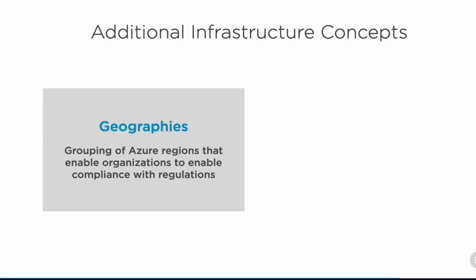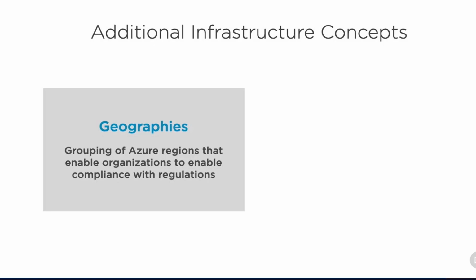Now, there are two additional infrastructure concepts that I want to make you familiar with. However, you won't need to know these in depth for this course. First we have geographies, and these are groupings of regions that enable organizations to make sure that they have compliance with regulations. So you might have a law that says that your data needs to reside within a certain country, and you need to have an assurance that if you put it in one of a few different regions, that will remain true.